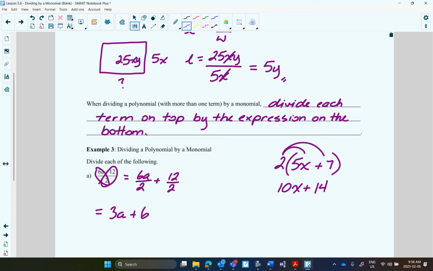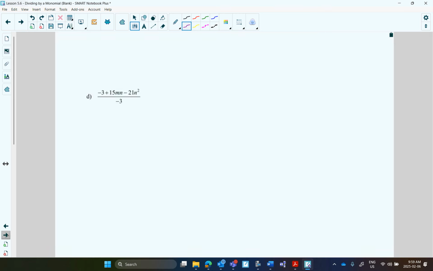So if there's two terms up top, I know I have to do two divisions. If there's three terms up top, I know I have to do three divisions. So these last two examples, there's three terms up top for each one, so I'm going to have to do three divisions.